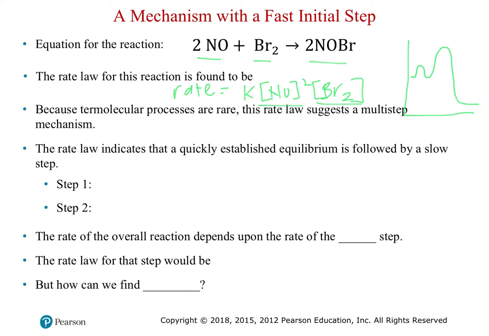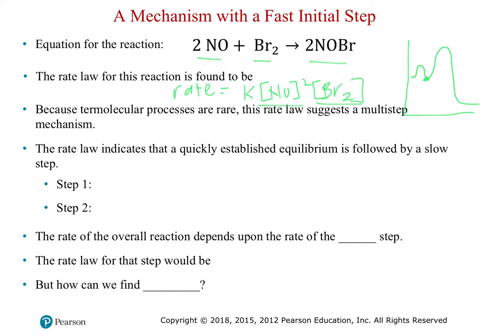So what happens here is we get a lot of molecules that are able to get over that first energy bump, and then they're kind of stuck at this low part, and they have to wait. It's kind of like a backlog where they have to wait for molecules to get enough energy to overcome the second step.